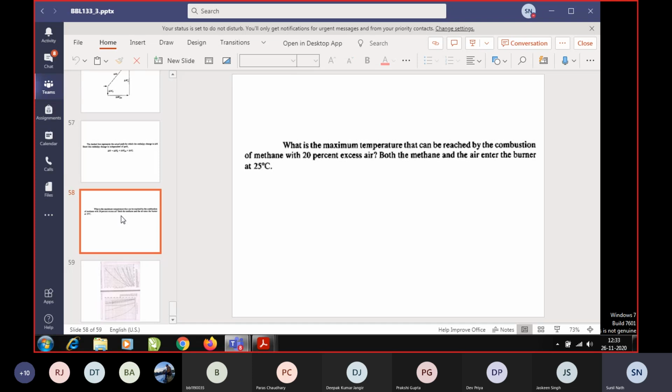So find out the moles of excess oxygen that are there, and along with that how much nitrogen comes in, and then find out in the product at temperature T final what is the composition of the gases leaving the burner. Then formulate the equation for delta H with the three terms, put all of that with these material balance n's for CH4, CO2, H2O, oxygen, nitrogen, and put that equal to 0 to get the flame temperature or the maximum temperature under adiabatic situation.